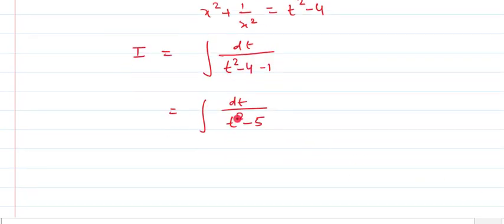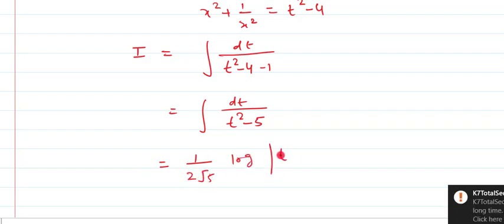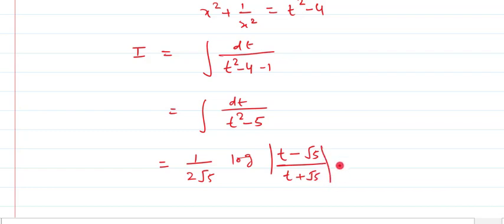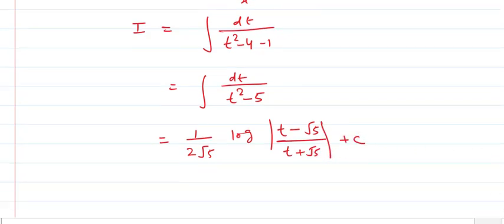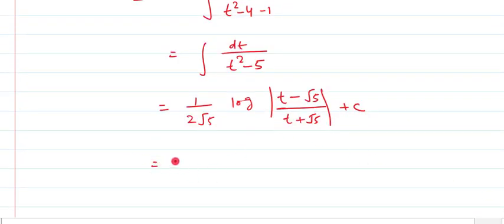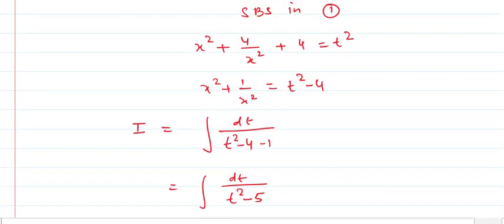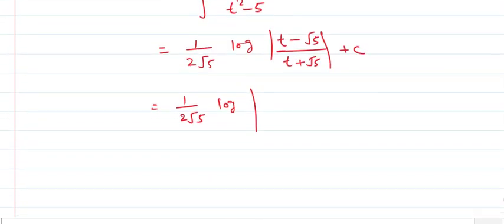And now you know what this identity of integration is? Yes, it is a simple identity which is 1 upon 2a log (t minus a) upon (t plus a) plus c. Now substitute the value of t over here. It is 1 upon 2 root 5 log t, we have substituted x plus 2 upon x.